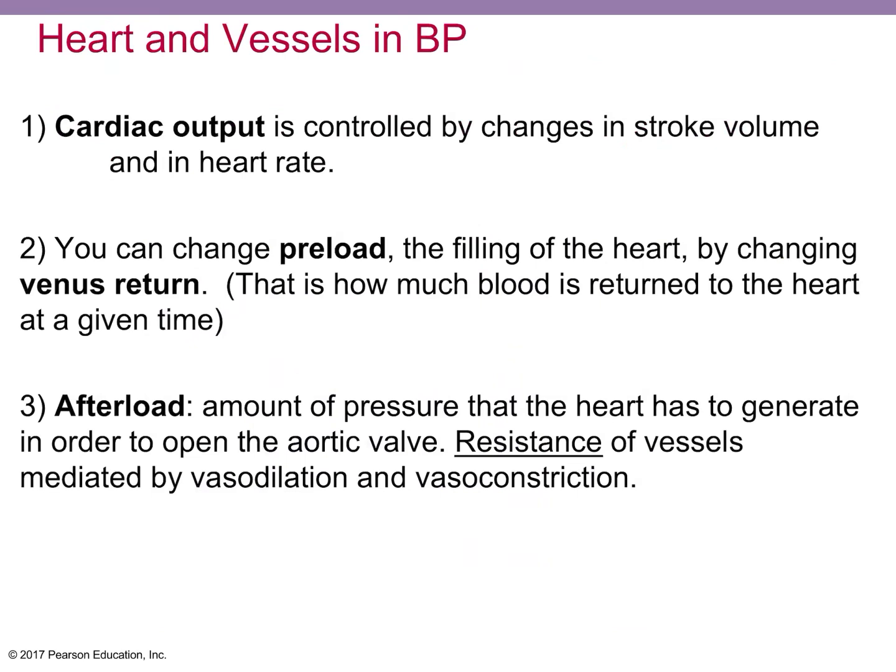So cardiac output is controlled by changes in stroke volume and in the heart rate. You can change the preload, right, by filling the heart and by changing venous return.